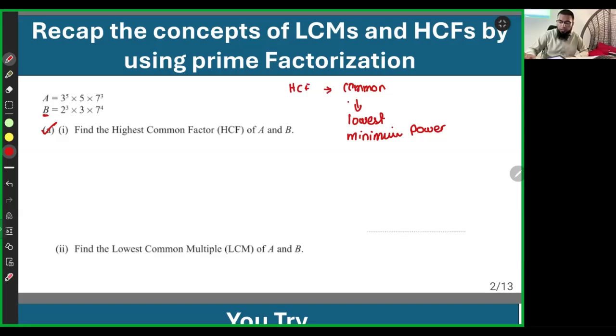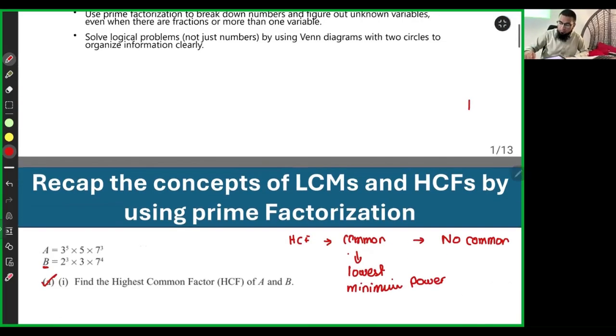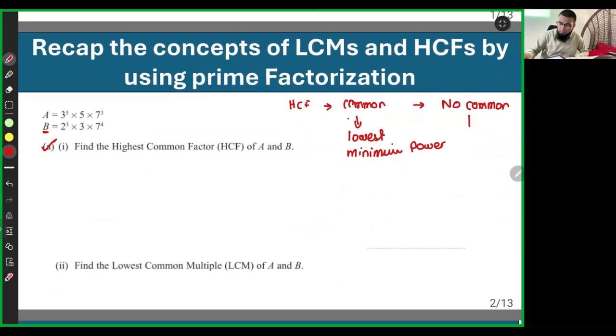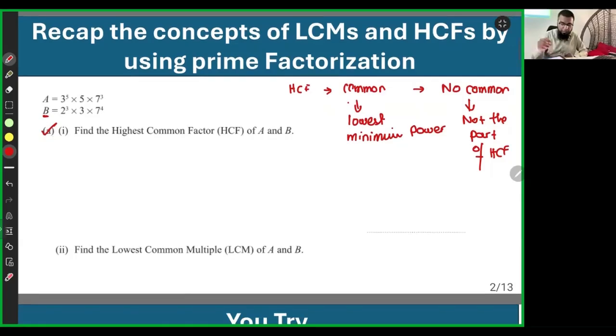And what else do we have? If the two numbers don't have something in common, we cannot include that in HCF, isn't it? So no common, not part of HCF. Got it? So these are the two rules. Okay, we'll implement these rules in this question.